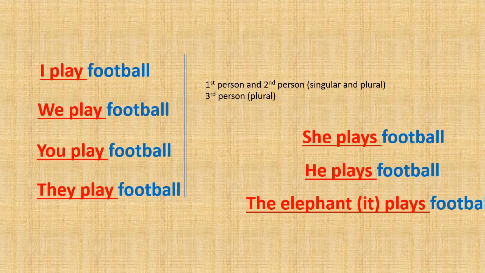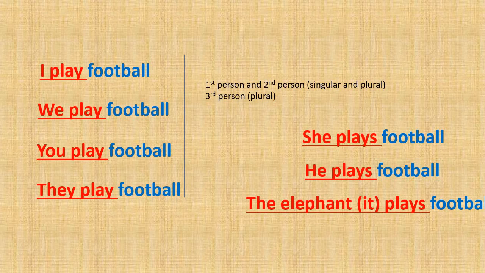Now, I hope you all have written down all the examples like this, and you can see the differences very clearly, right? Look at your copy, my dear students. You can see the differences, that first person and second person take the main form of the action verb.